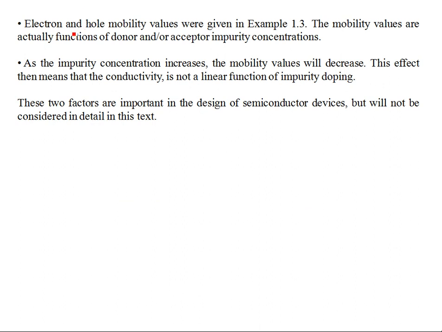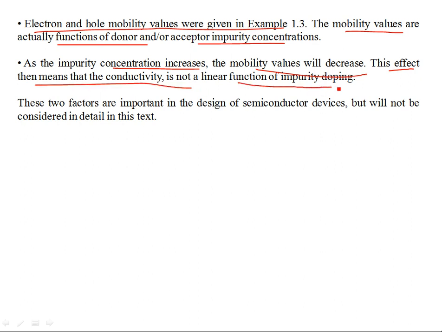Now, the electron and hole mobility, whose values were given in the previous example 1.3, constitute the conductivity of the material. The mobility values are actually a function of donor and acceptor impurity concentrations. As the impurity concentration increases, the mobility decreases. This secondary effect means that the conductivity is not a linear function of impurity doping.